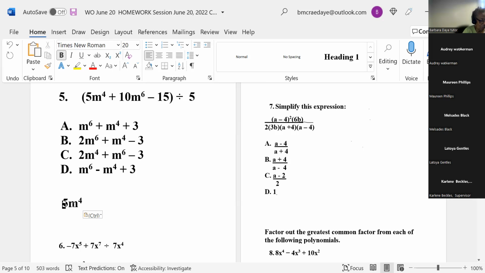So let me just put 1m to the 4th here, that's the result we want. So let's just put 5 times. Okay, so 5 is what I'm dividing by, so that's one of my factors. So let me just make this bigger.